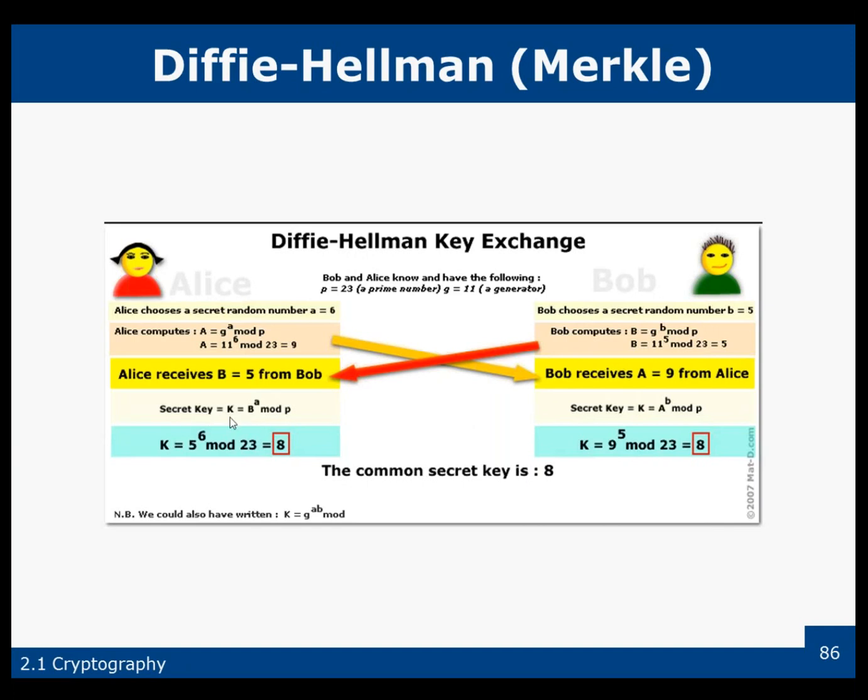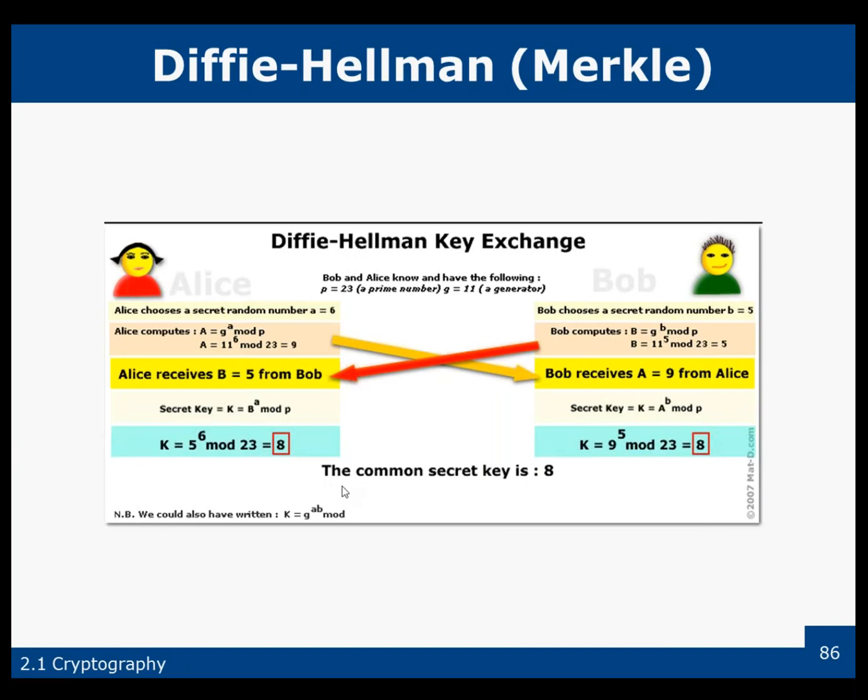So the secret key is B to the A mod P. So K is going to be equal to 5 to the 6th, the modulus is 23, and the answer is 8. Over here, K is equal to 9 to the 5th, modulus is still 23, and we come up with 8 again.